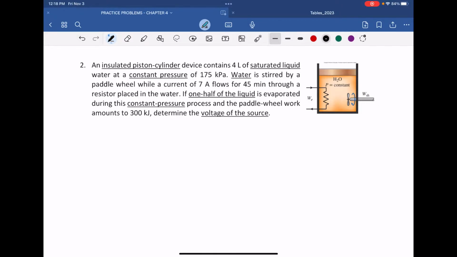Always for a closed system, for the energy balance, we write energy getting in minus energy getting out is equal to the change in the internal energy of our system. Now we write more explicitly which energies are getting in.